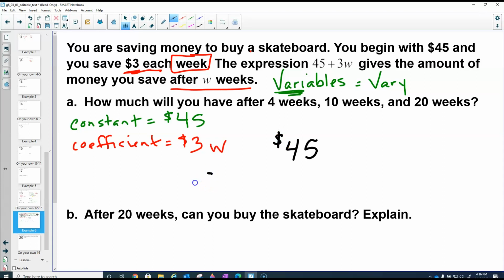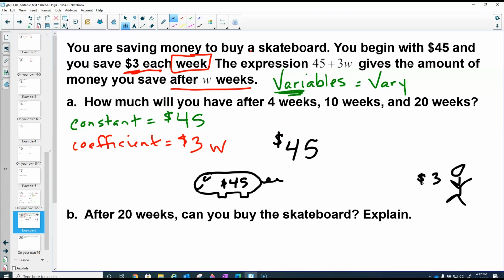45. Here's my little pig. You guys know I love to draw pictures. Okay, my little piggy. And he has $45 in him. Now, my parents over here are going to give me $3 every week. So I need to figure out how many weeks I am going to need before I can buy my skateboard.